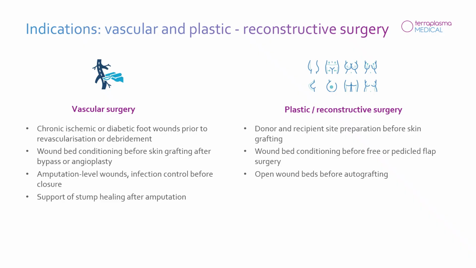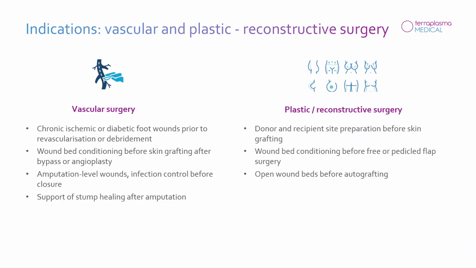Let's look at the indications where the need for wound bed preparation before surgery is obvious. For vascular surgery, it is chronic ischemic or diabetic foot wounds before revascularization or debridement. Wound bed conditioning before skin grafting, after bypass or angioplasty.